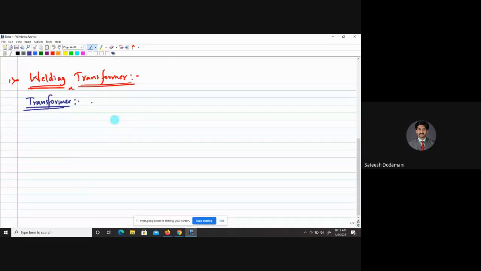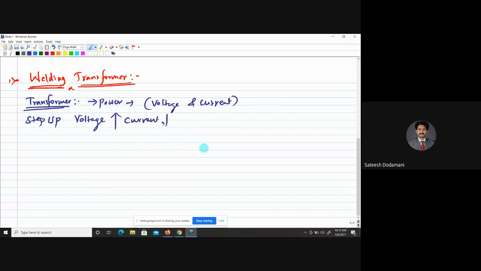So in this transformer, when it increases the voltage level, that means it steps up the voltage. But when the voltage steps up, then definitely the current should step down, that should get decreased.